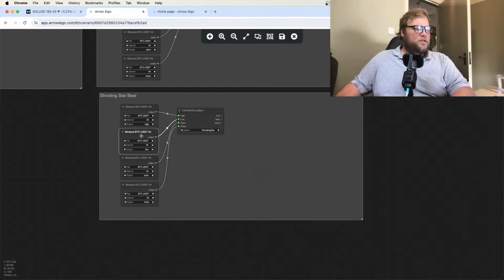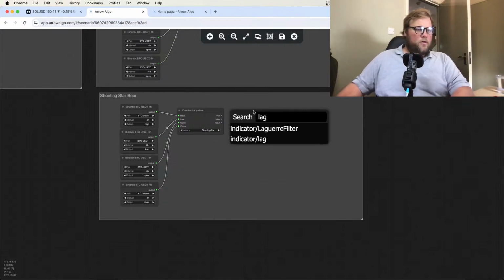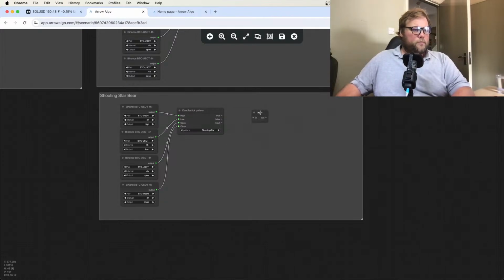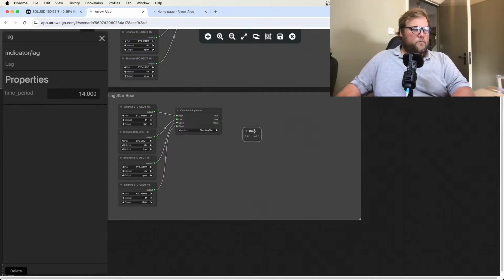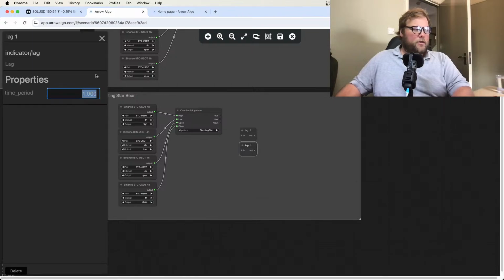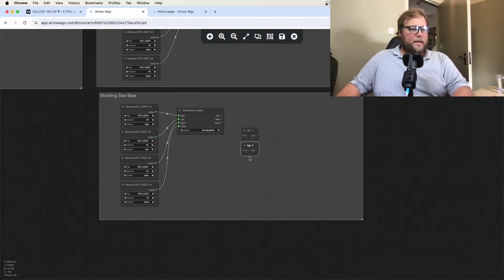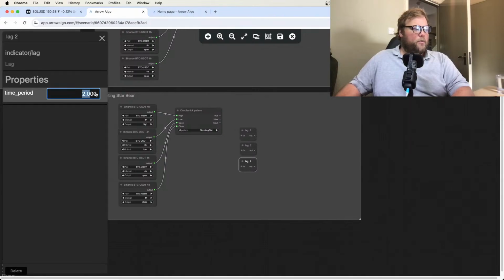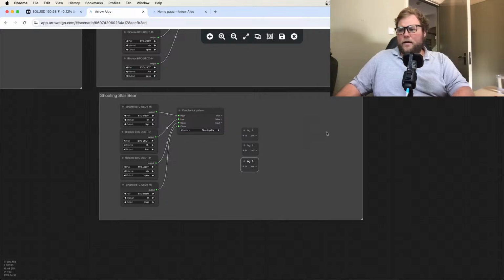So if we're checking the last 6 candles, then what we will want to do is create some lag blocks. So the lag will look at the previous candles. So if I set a lag 1, it's going to look at the last candle. A lag 2 is going to look at the candle before that. And a lag 3 will look at the candle before that. And so on.